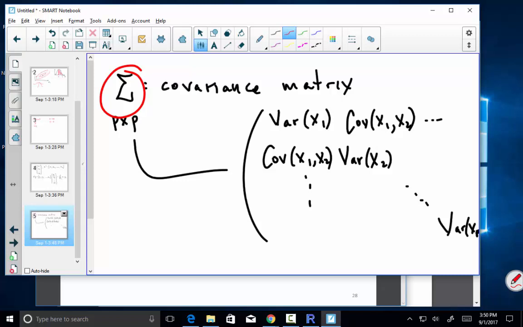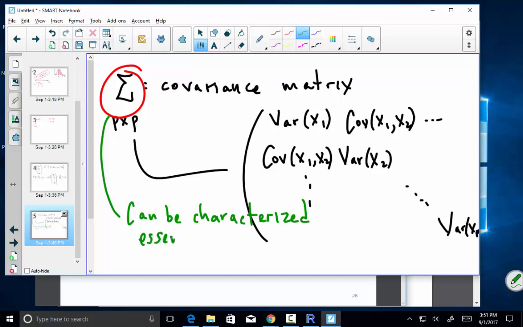And it turns out that, roughly speaking, it can be characterized essentially using eigenvectors, eigenvalues. I'm going to call it the Eigen Decomposition.